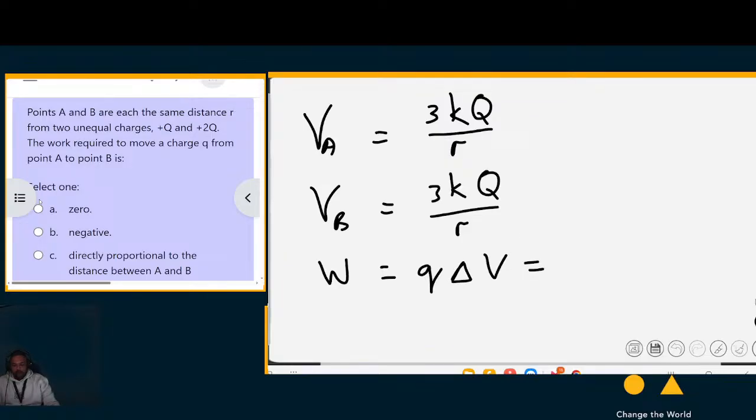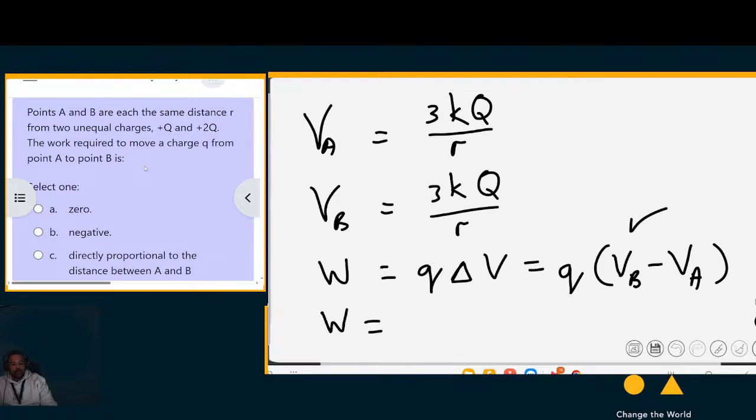Now the change in the electric potential can also be written as the potential at point B minus the potential at point A, because we are moving from point A to point B. So we subtract A from B. B is the end potential, and A is the initial potential. So now we have a formula to calculate this energy or this work.